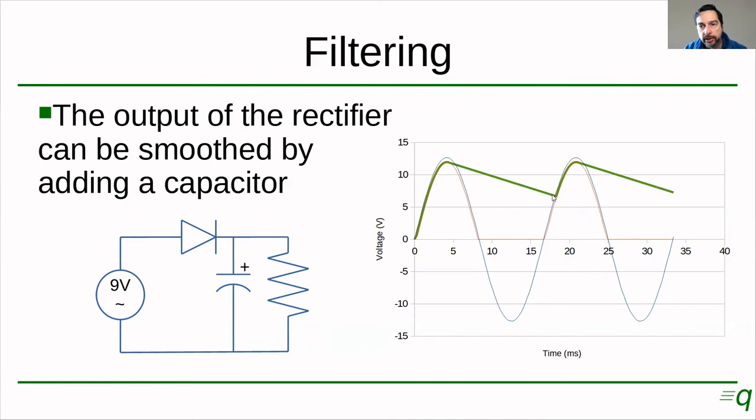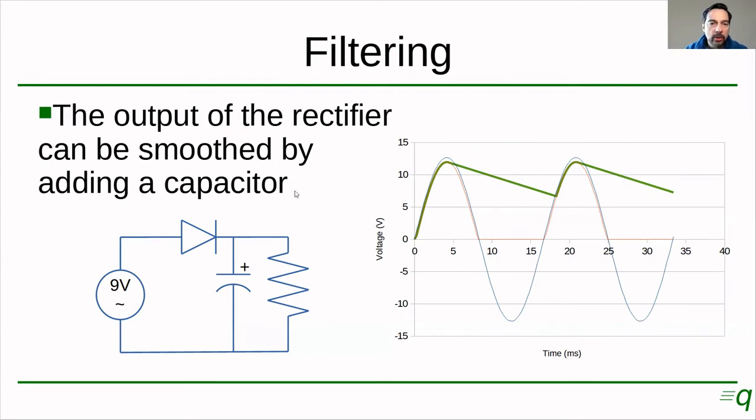So now we have a voltage that never reaches 0, but oscillates between 7 and 11 or 12 volts, right? So this is getting closer now to a steady DC. Remember, what we want to get from here is a steady 11 volts or 10 volts or something that works better.